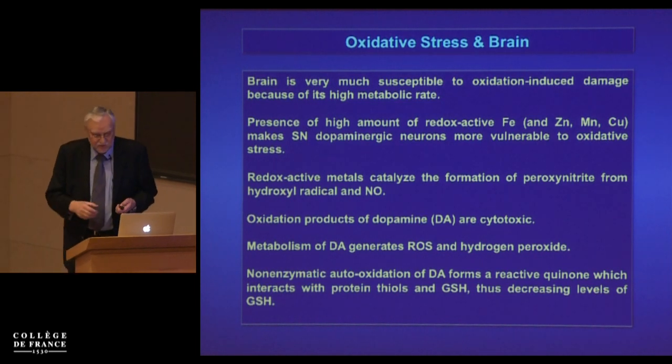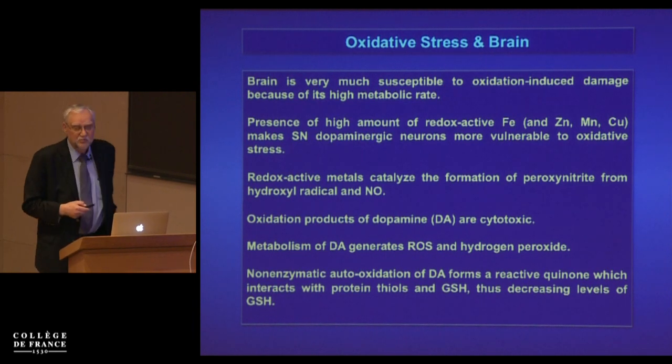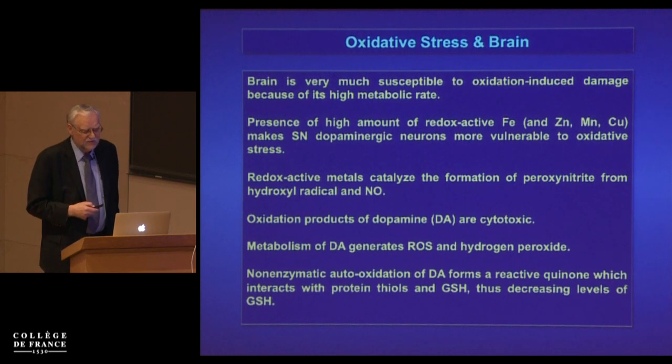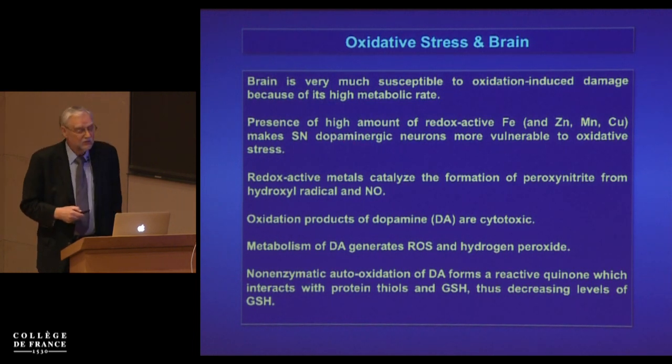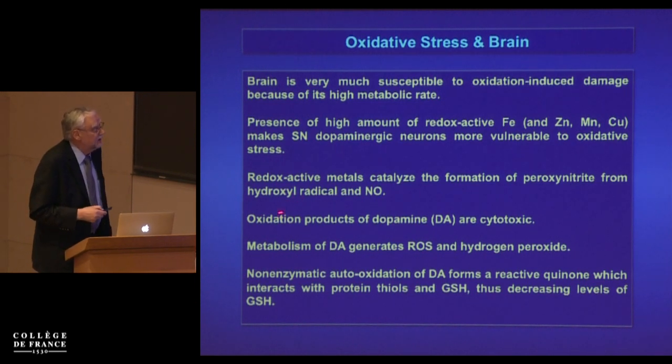So this comes back to a more general idea about oxidative stress in the brain. The brain consumes a lot of our oxygen, and it has a high metabolic rate. Metals are present in the brain, particularly, for instance, in the dopaminergic neurons, and this can lead to oxidative stress. NO can also react with proteins and nitrosylate them.